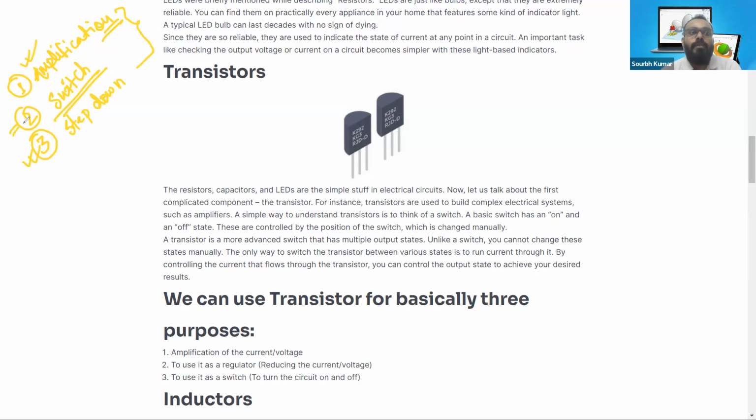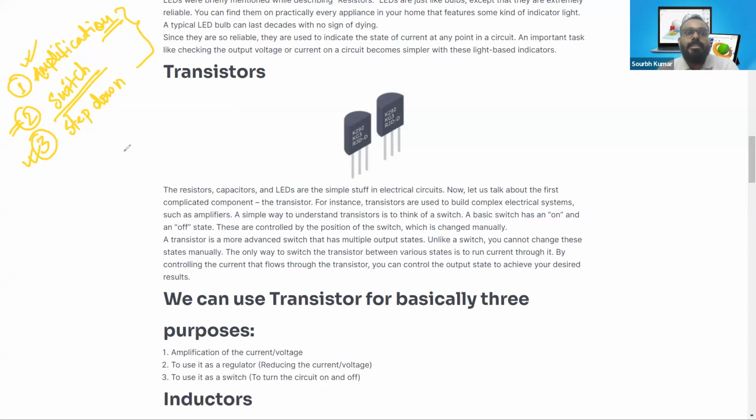And the switching is obvious, because in our previously made computers, and even now, the microprocessor in the computer itself has billions of transistors aligned in a certain way to produce logical outputs, known as gates. So we utilize transistors for amplification, that is a major reason we have transistors.